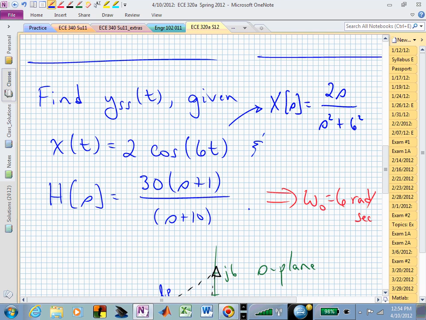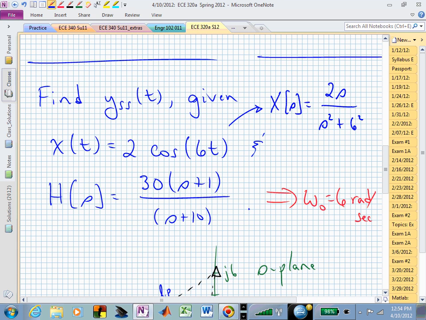You're going to have the transients, aren't you? And how long are you going to have to wait before those transients are effectively gone in this case, in this system? 5 seconds. Any other answers? What is my time constant of the transient?